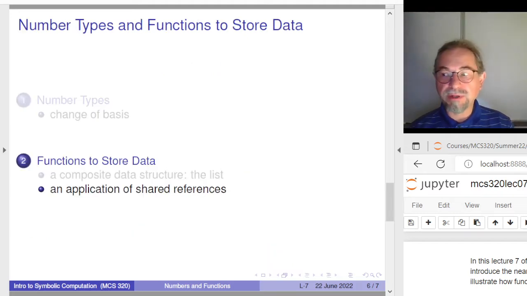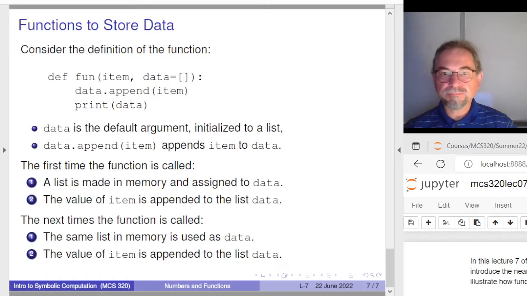Well, we can apply this to store data. We can make functions that remember certain things. We will apply this later in the course to memoize recursive functions, to make recursive functions more efficient. This is kind of a preview of this.